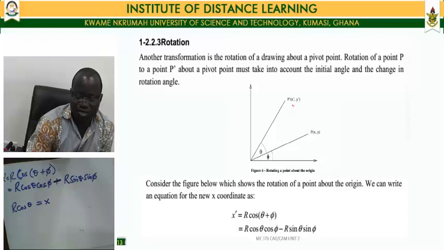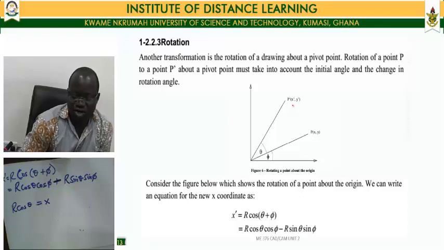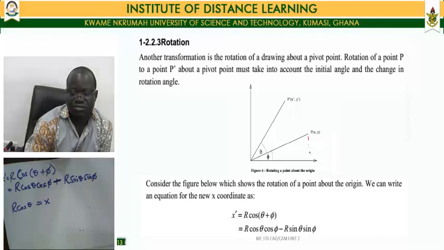Because if we trace down here, we can define this point as the point x. Then we trace horizontally. We can define this point as point y. Okay.